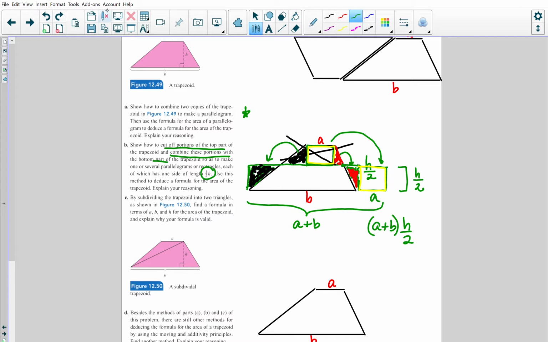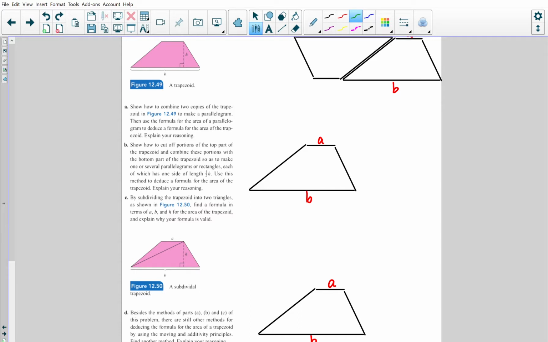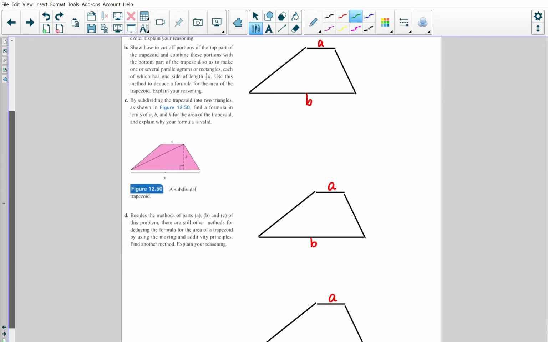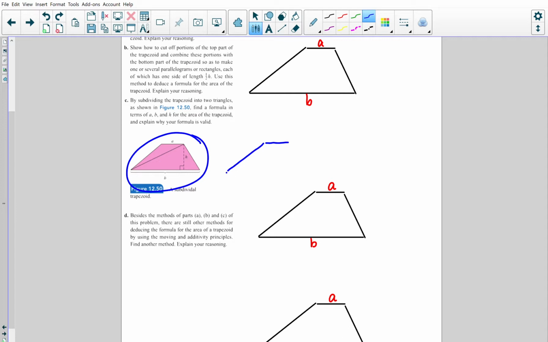Part C takes a look at the trapezoid as being kind of a sum of 2 triangles. If we look closely at it, we have this triangle right here with base A, and this triangle right here with base B. Both of them have height h.